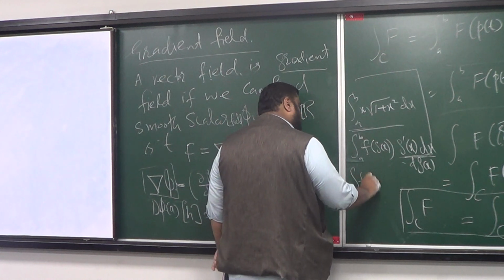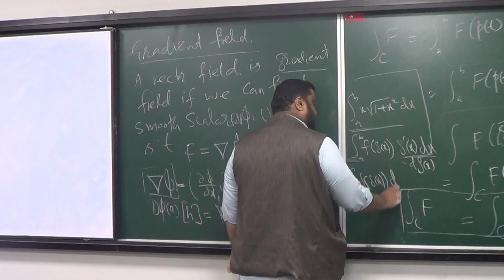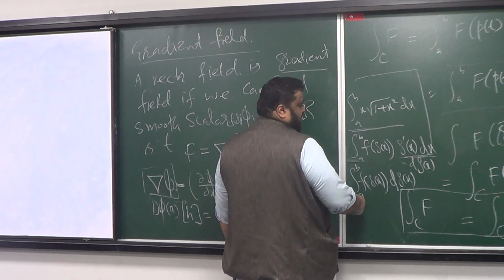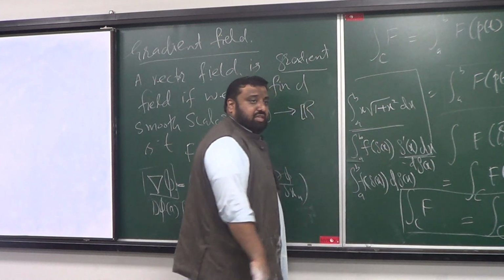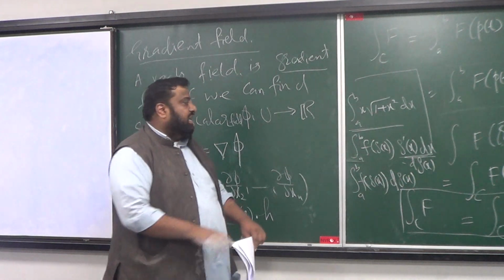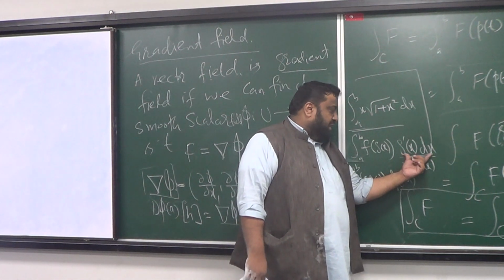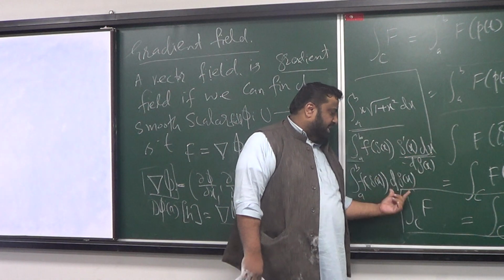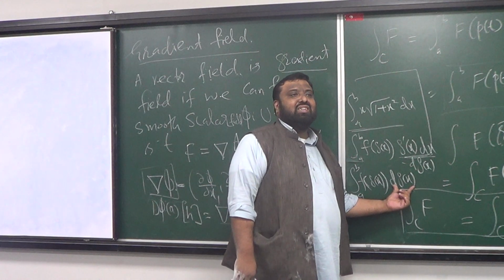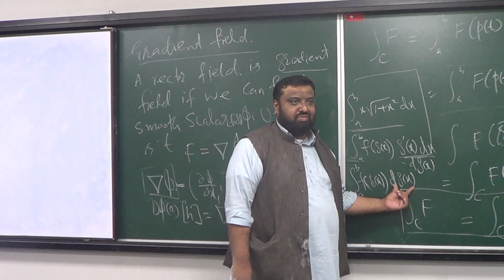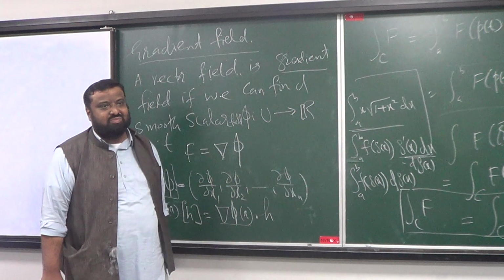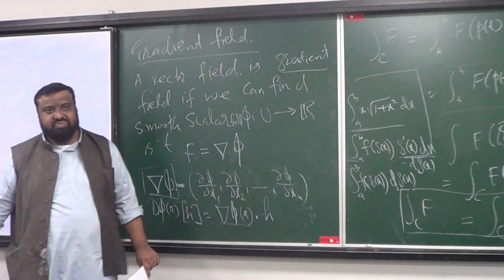So I'm integrating f of g of x with respect to the derivative of g of x, and I know integrating such functions is very easy. So in other words, if this function can be written as the differential of some function, then integrating with respect to such functions is very easy. So we want to do something similar in this domain, in higher dimension, something really similar.